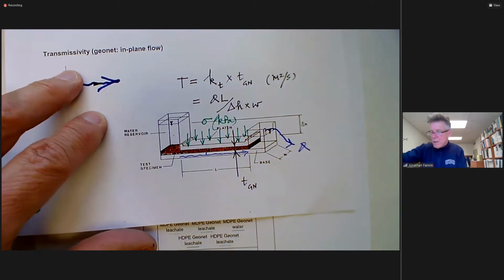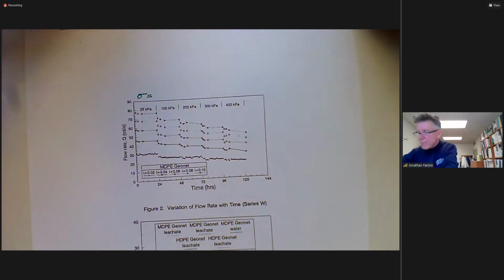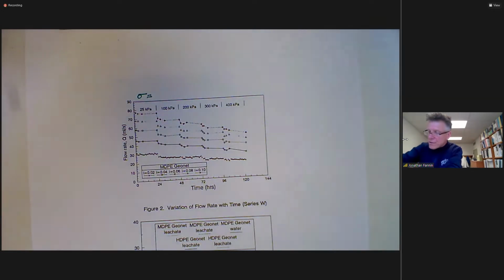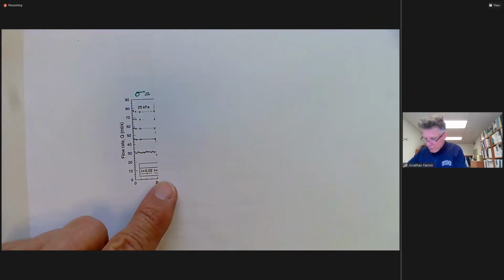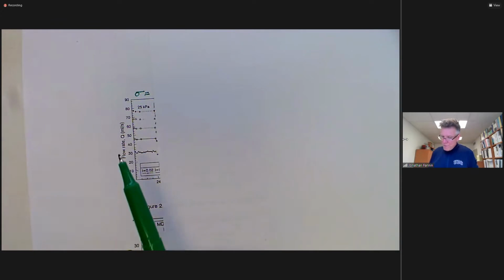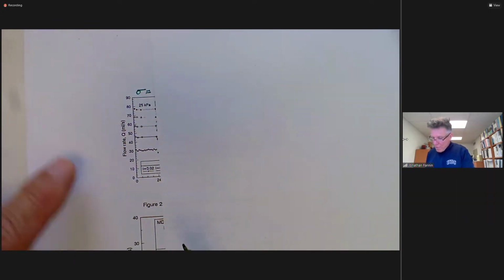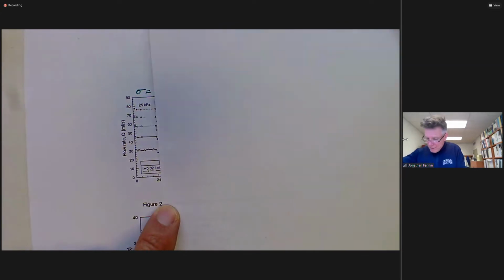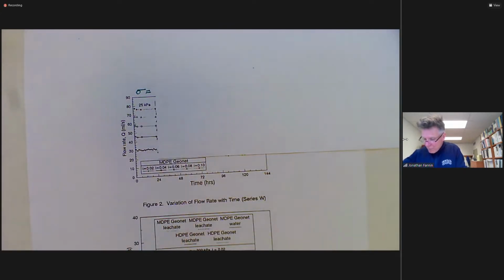So sigma is held constant, and the flow is measured. So let me go back to this page here. Let me hold sigma constant at 25 kPa. And now I'm going to measure the flow rate Q for various differential heads across the system or hydraulic gradients.